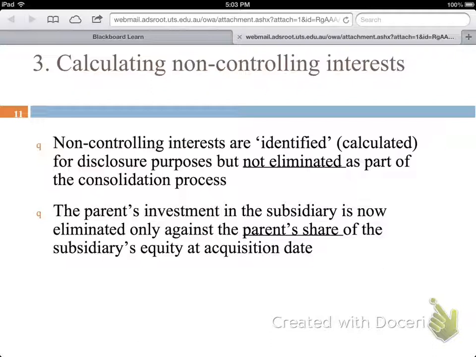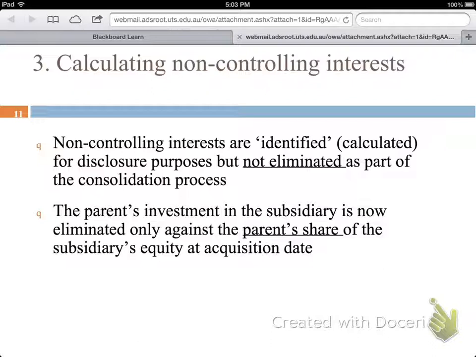There'll be two consolidation entries that you will have to adjust when we have non-controlling interests. The first one is the elimination entry. So now the parent does not own 100% of the shares in the subsidiary, and the parent only acquires a proportion of the equity of the subsidiary.